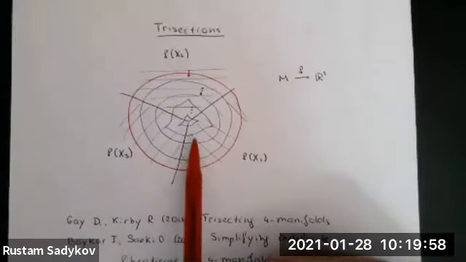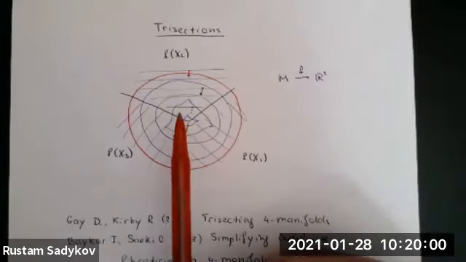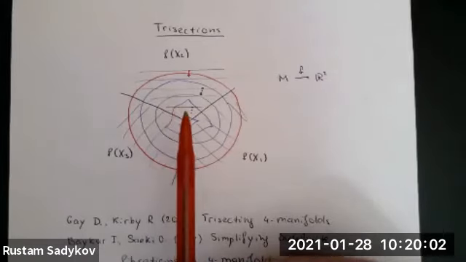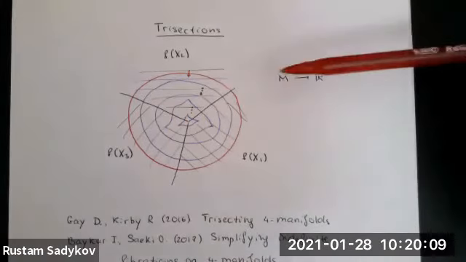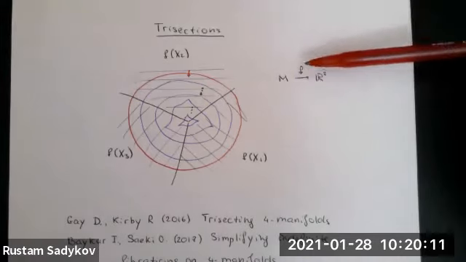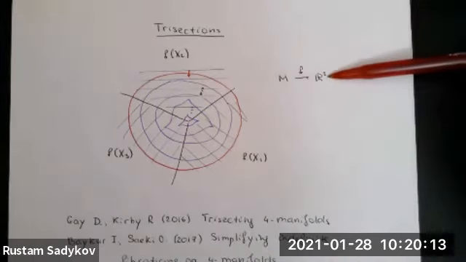Remember that when I was constructing a Heegaard decomposition, we were just taking a three-dimensional manifold and considering a Morse function on that three-manifold. Here, the idea is the same, but now instead of a Morse function, we consider a map to R2.